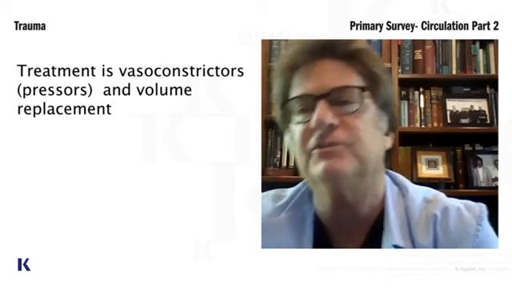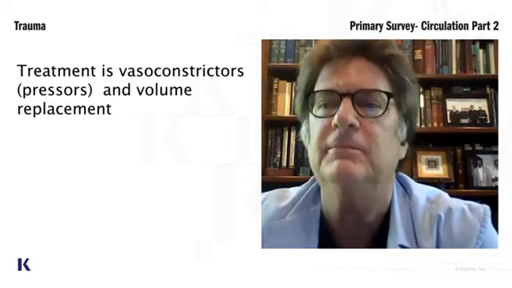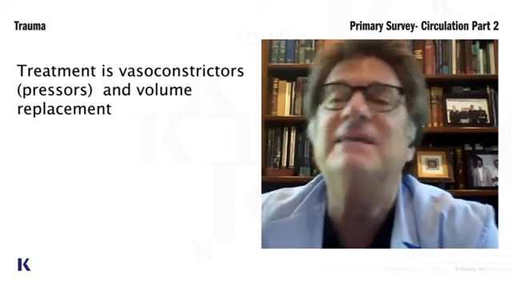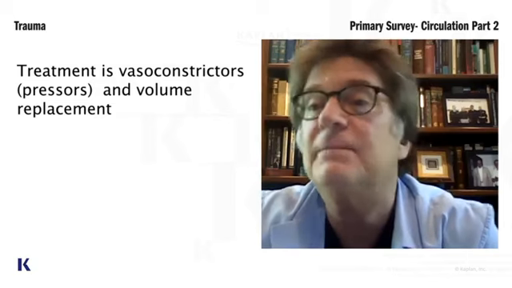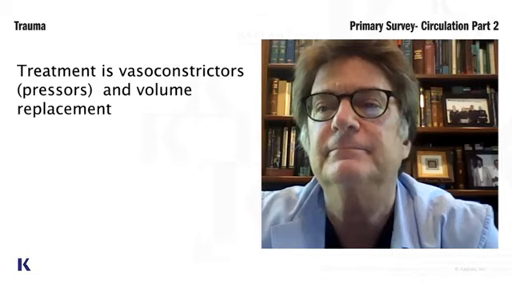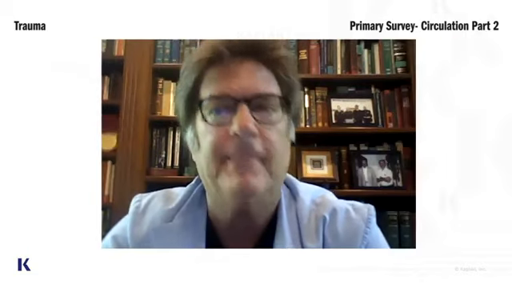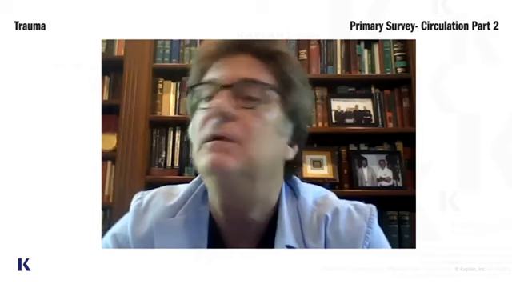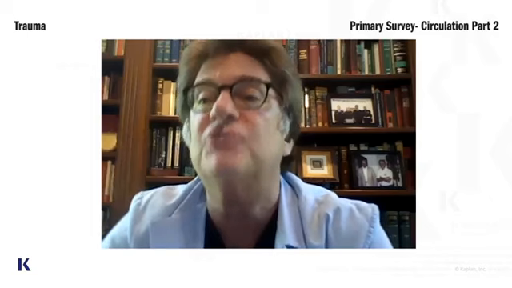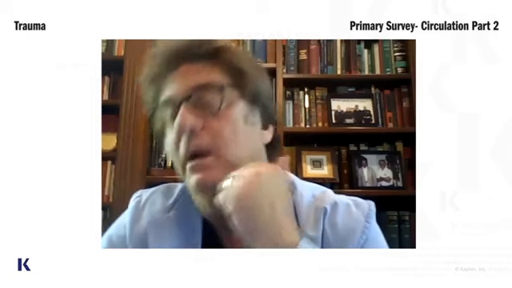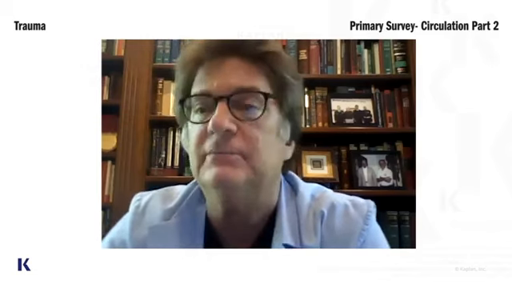If you don't give pressors, they will die, because you have to get that sympathetic tone back in that patient. So remember, three types of shock. Hypovolemic, that's trauma. Cardiogenic, that's heart attack. And the third is vasomotor shock, either from an anaphylaxis or bee stings or a high spinal or a spinal injury.